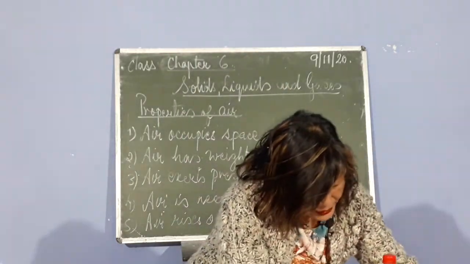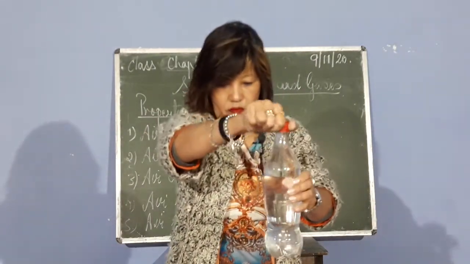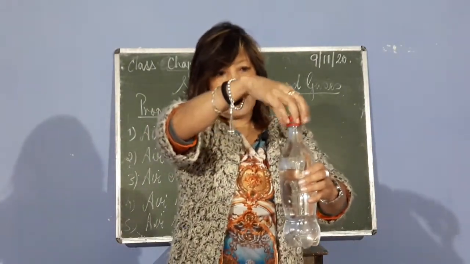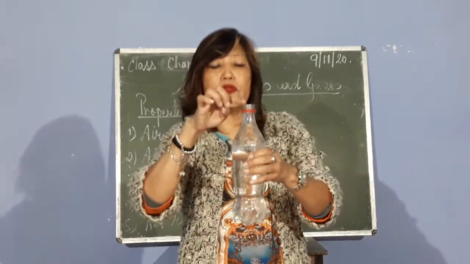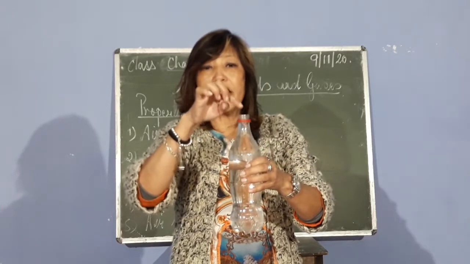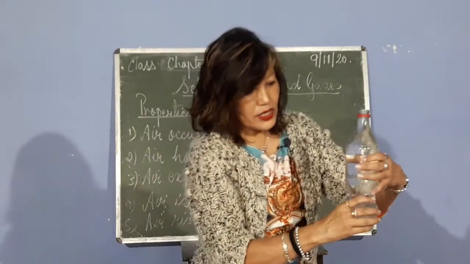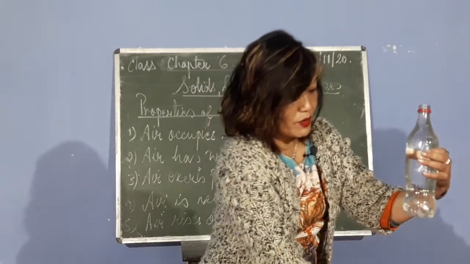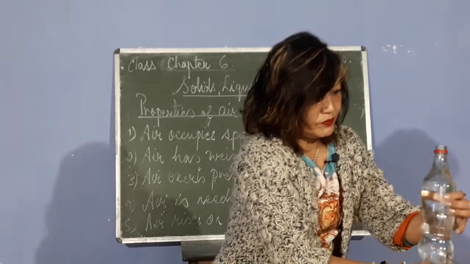I'm going to open the lid. See, I'm opening the lid. Once I open the lid, what happens? From the mouth of the bottle, the air enters the bottle. Once the air enters the bottle, it exerts pressure, which you can see here.